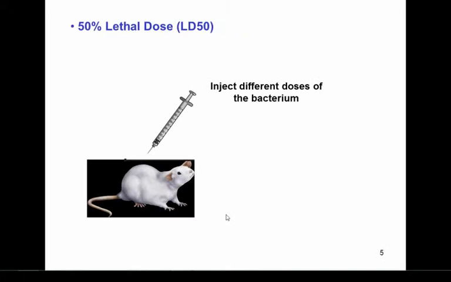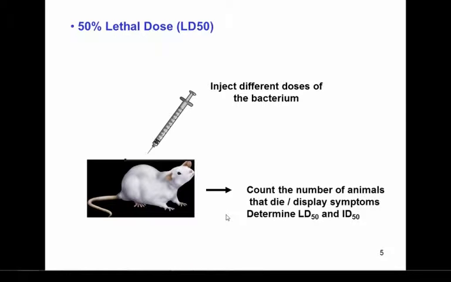Okay, so experimentally, how do you measure the 50% lethal dose? You get a bunch of mice and you say, I'm going to test different doses and I'll inject 10 mice at each dose. And then over time, I will count the number of animals that die or that display symptoms. So if you're counting deaths, then you will determine the LD50.